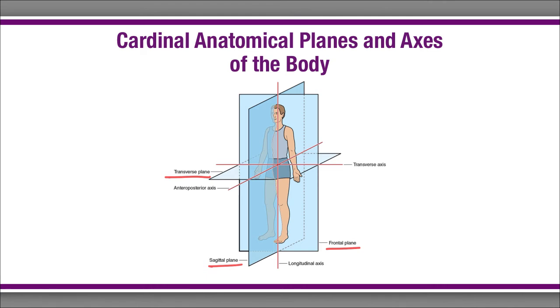Now the longitudinal axis, the transverse axis and the anterior posterior axis are also extremely important because these axes are going to be the point about which some anatomical segment moves. Alright, so what's extremely important to remember is that motion occurs within a plane and about an axis, and that will not be the last time you hear me say that in this lecture.